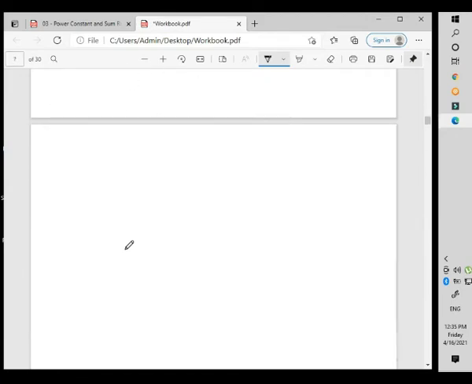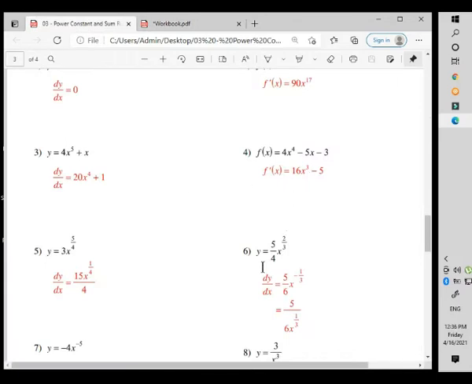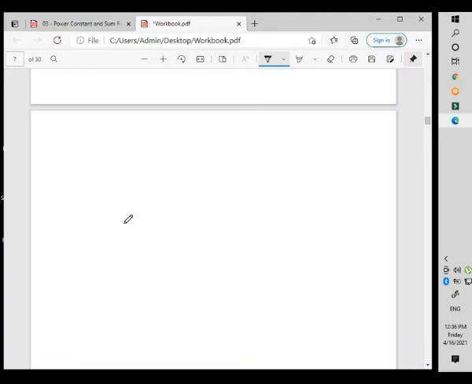Alright, next question. Which number is it now? 6x to the 1/3 is number 6. So what's number 7? y equal to minus 4x to the minus 5. Okay, so y is equal to minus 4x raised to the negative 5 power.